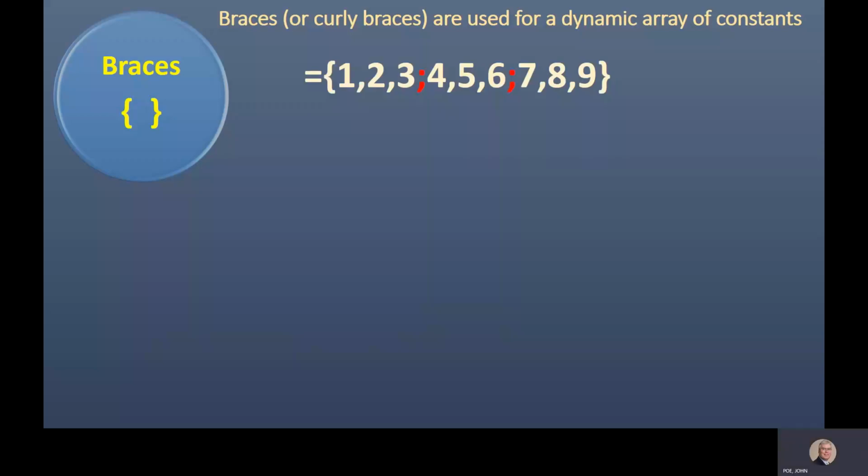The braces, this is actually more obscure, and you're not going to find it in many of the basic textbooks, and it won't be on your MOS certification test unless you get up to the expert level. But in a single cell, I can write 1, 2, 3 with a comma beside each of them, followed by a semicolon, 4, 5, 6, semicolon, 7, 8, 9, and then we close the curly bracket.